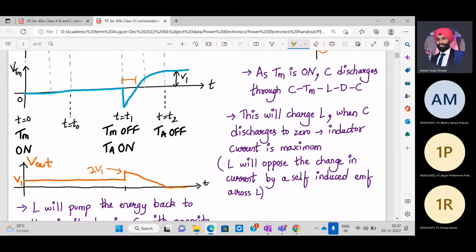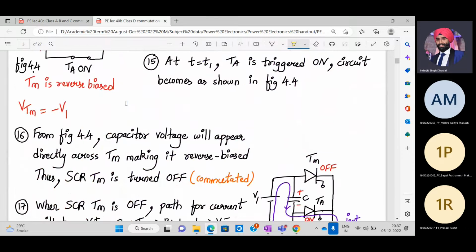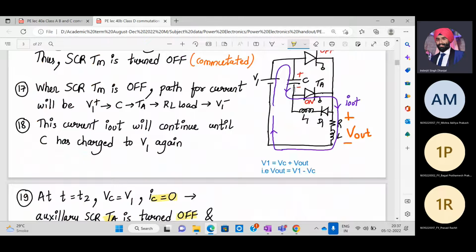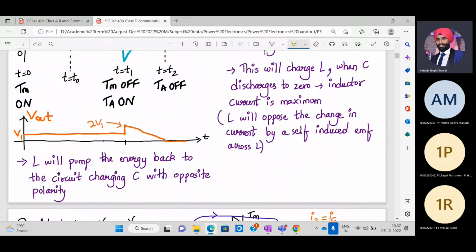And when the auxiliary SCR is on, what is happening? This equation is coming into picture. From this diagram, V out is V1 minus VC. Let me write over here: V out is equal to V1 minus VC. This is only when TA is on.